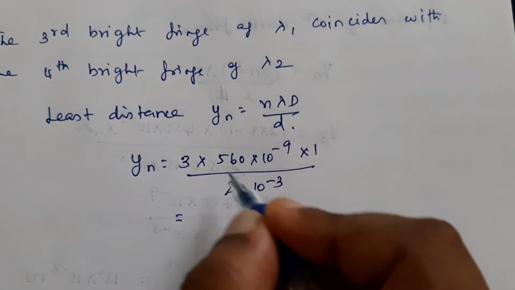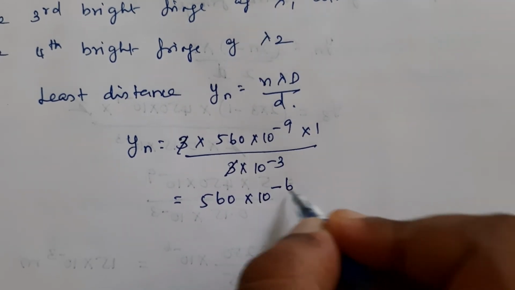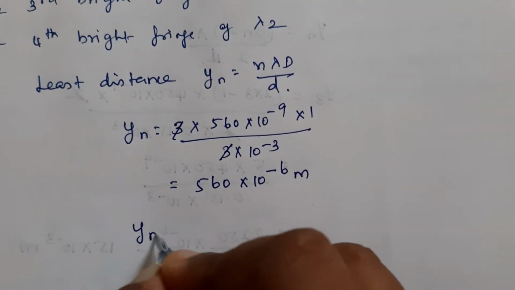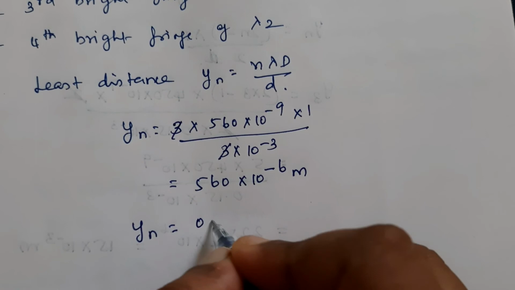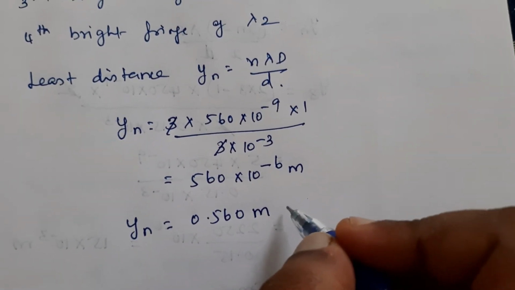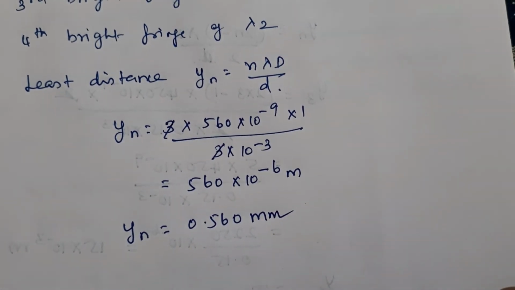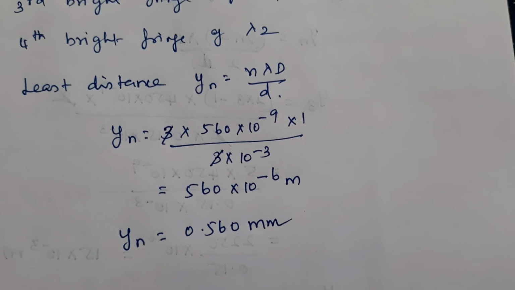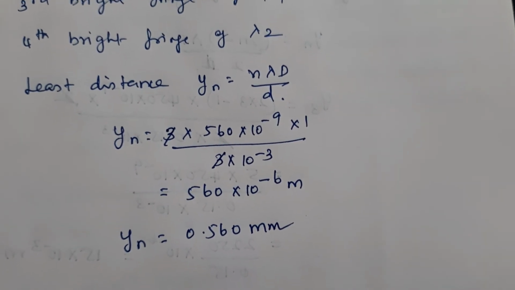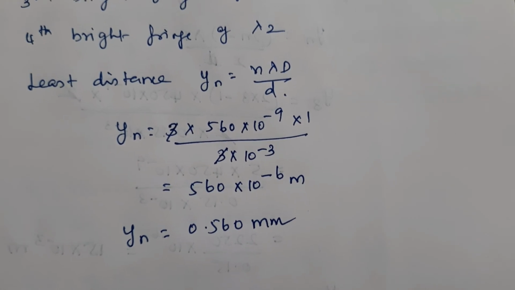If you cancel this and this, you will be getting 560 into 10 raised to minus 6 meter. So yn is equal to 0.560 millimeter. That is the least distance from the central fringe.